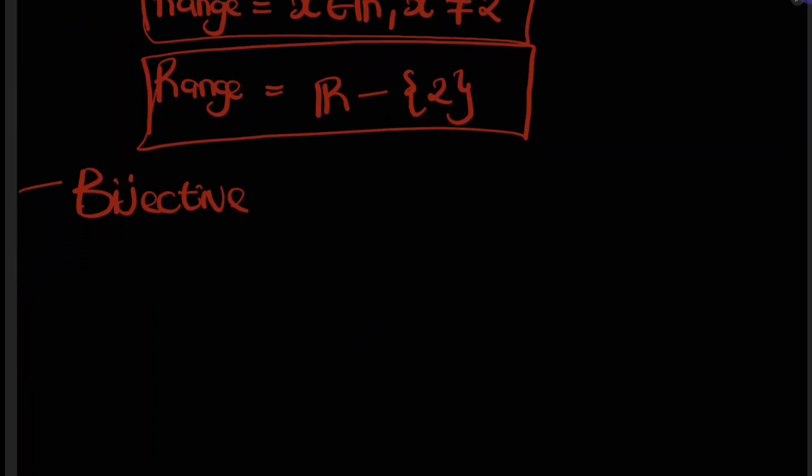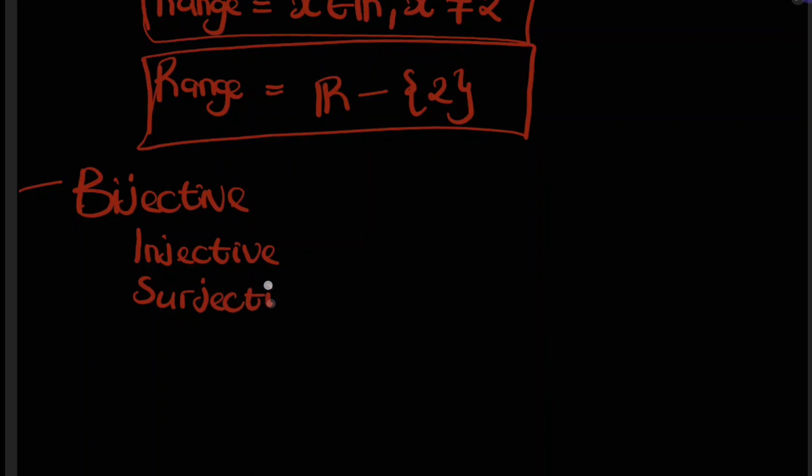To determine bijectivity, remember in my previous video, for a function to be bijective, it has to be both injective and surjective. So let me just write back my equation.